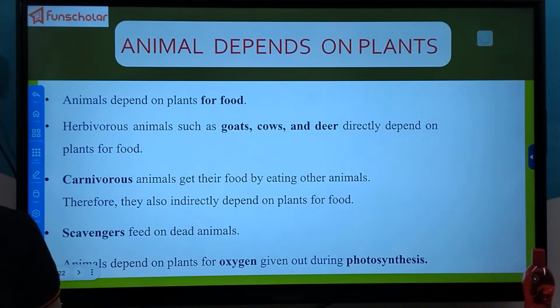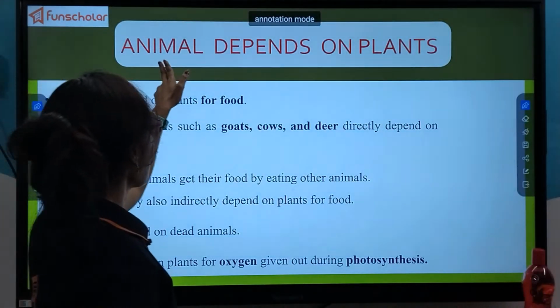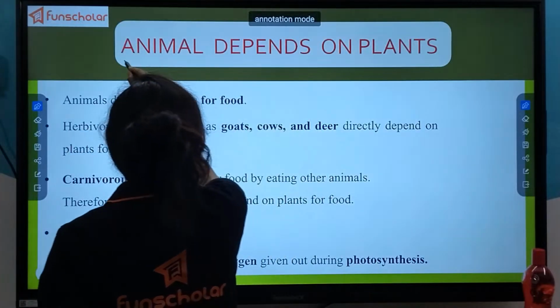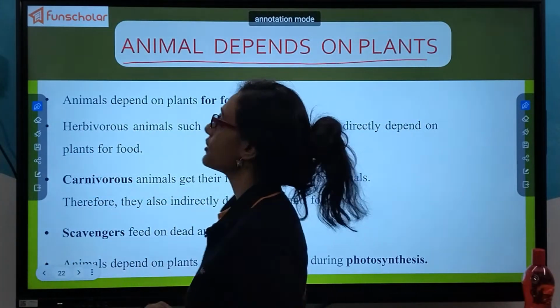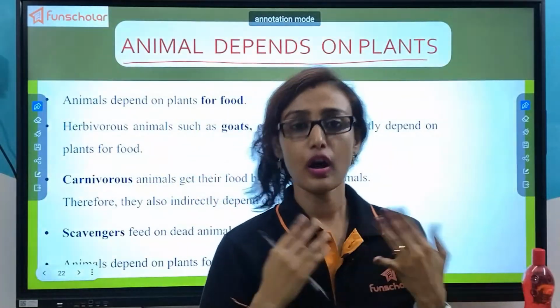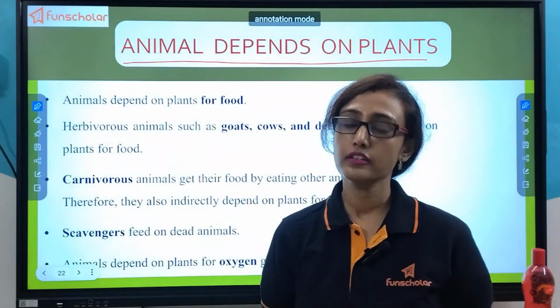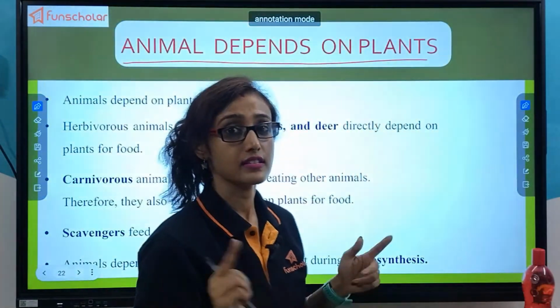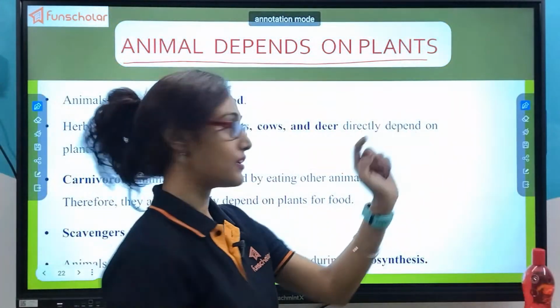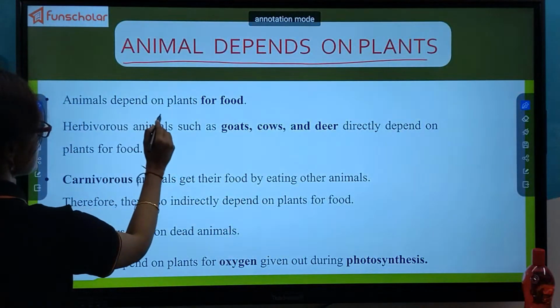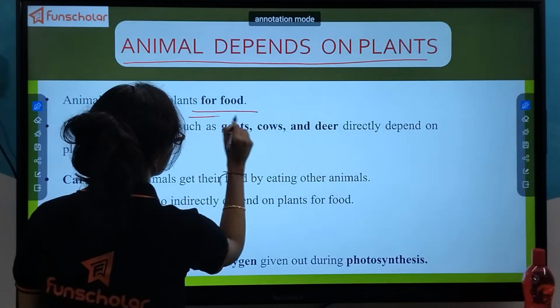First, we will see how animals are dependent on plants. We are also animals, so how we are dependent on plants, you can say it yourself only. Just think. Food first. Animals depend on plants for food.